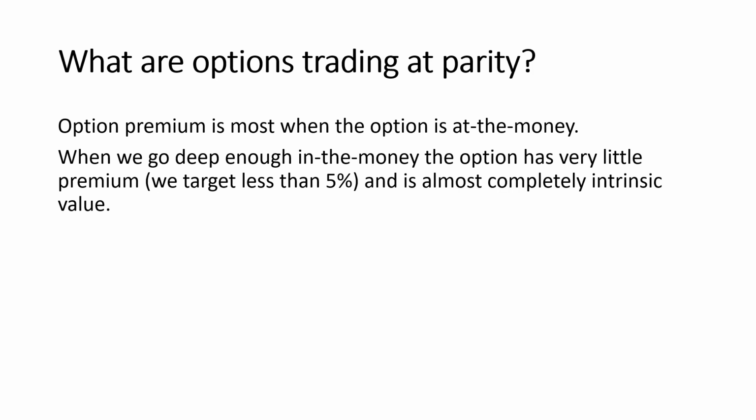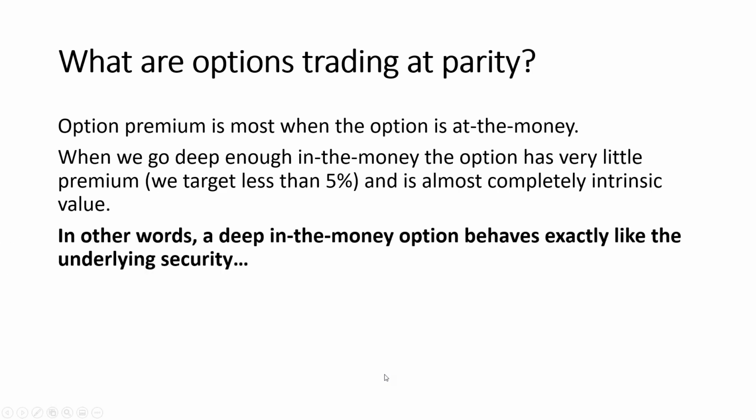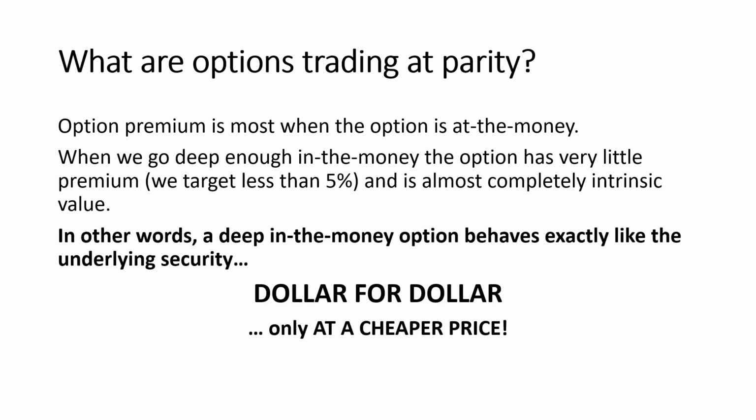And what's left is that intrinsic or in the money value. So when we want to replace that underlying symbol with a stock replacement option, we will go deep in the money so that we get an option that moves exactly like the underlying security, dollar for dollar.